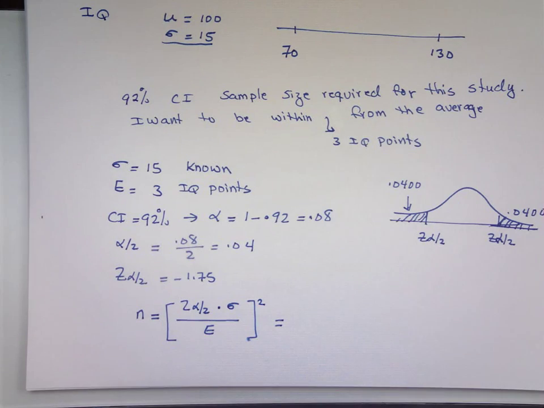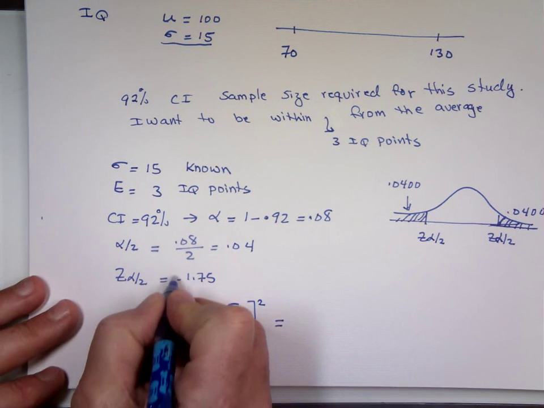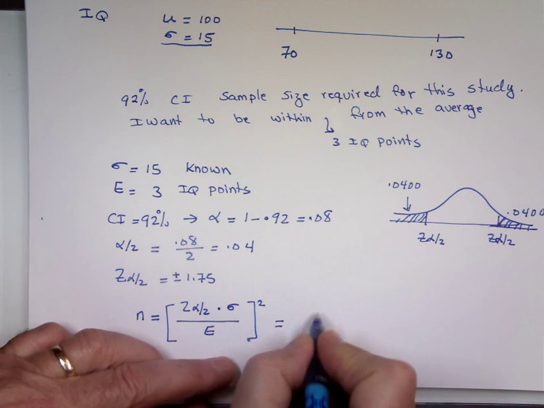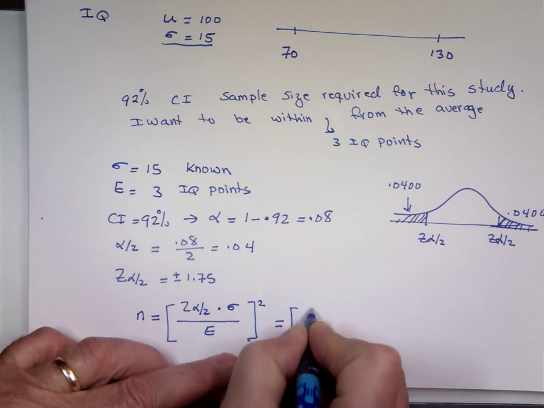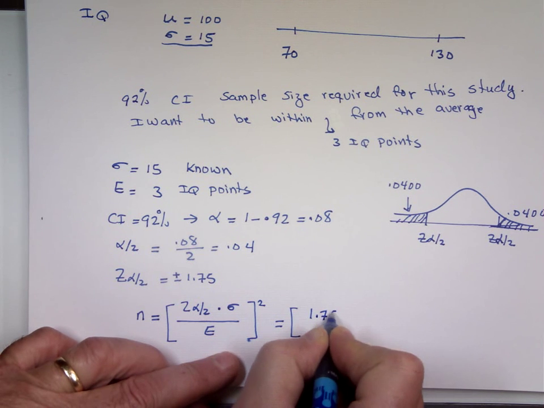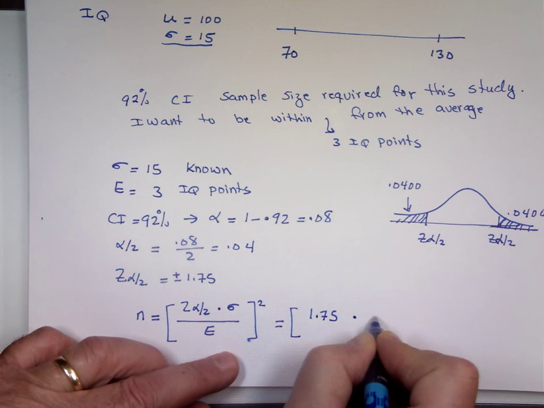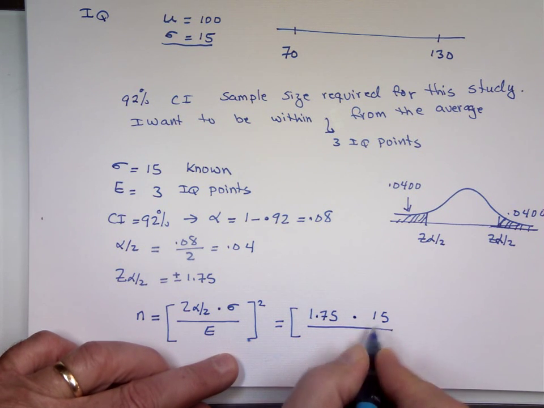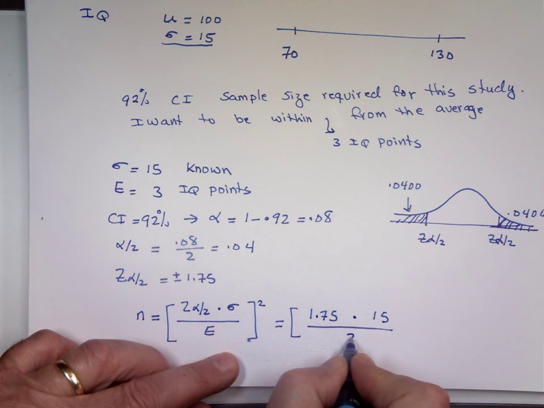So my Z alpha over 2 here is 1.75. I don't use the plus minus. So it's plus and minus. So the outside one will be a plus, this one will be a minus. So I just use the value. 1.75 times the 15 for sigma divided by the error, which is what? 3.